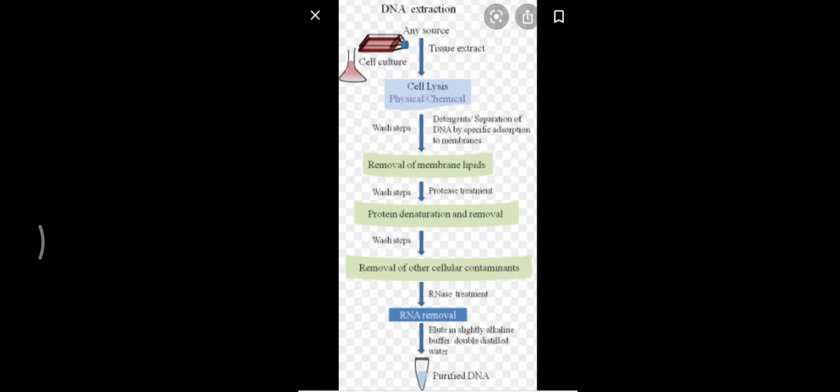So the bacterial cell, the plant cell and animal cells are treated with enzymes. The bacterial cell is treated with lysozyme, the plant cell is treated with cellulase, the fungal cell is treated with chitinase, and animal cells, which have plasma membranes, are given heat shock. After treating them in this way, their membranes dissolve.